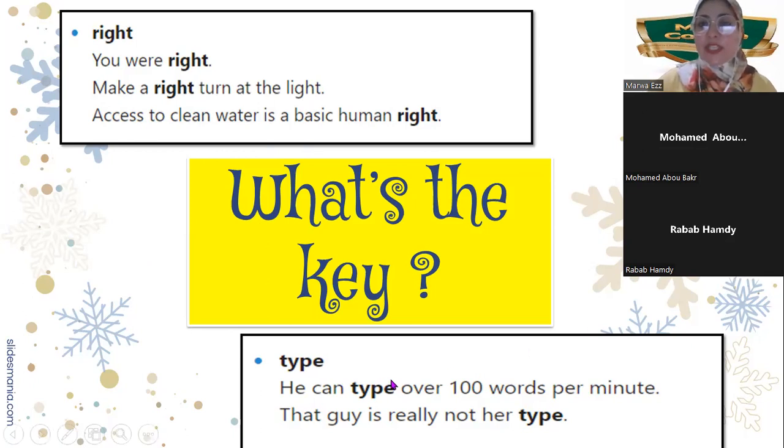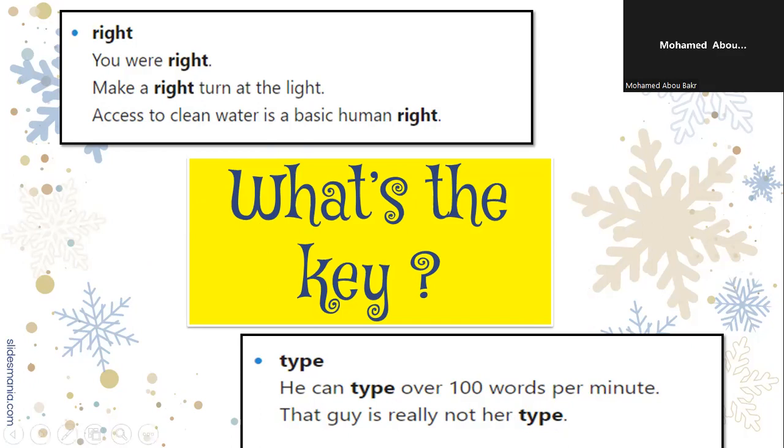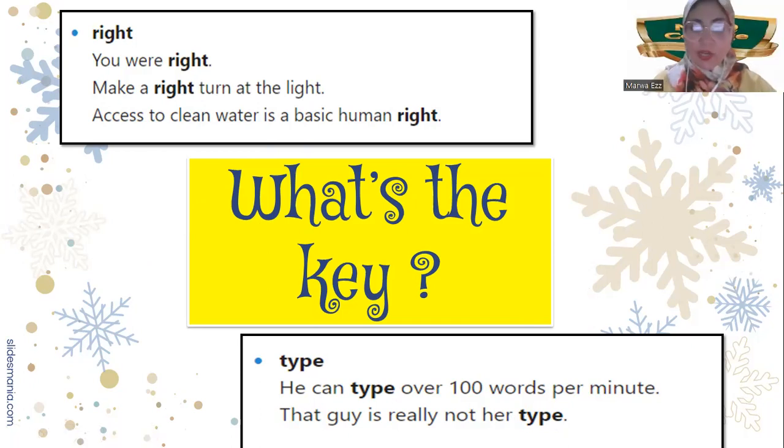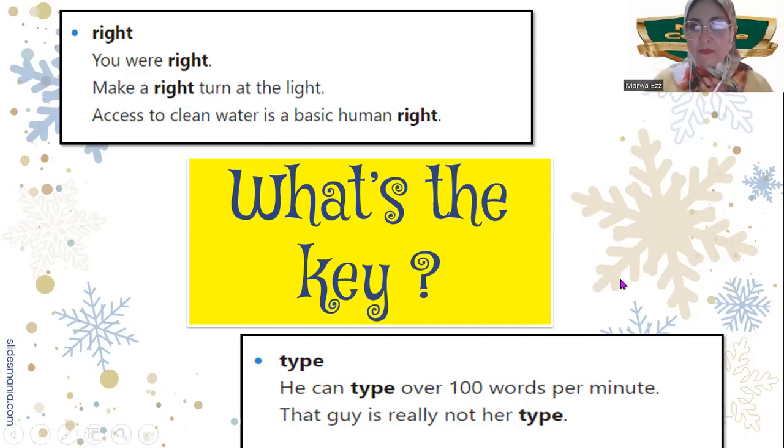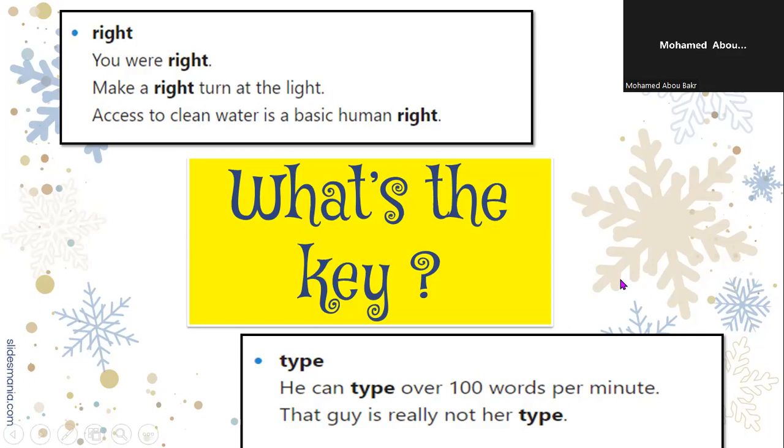The same for the last example down here. Mr. Muhammad, can you explain the difference between the two bold words? Okay, the first one, he can type over 100 words per minute. That means he's using a typewriter or a keyboard. What does the word type mean here? It's a verb. Yes, it's a verb. And the second one, the guy is really not her type. The second type is a noun, and it means someone who has the same characteristics or traits.